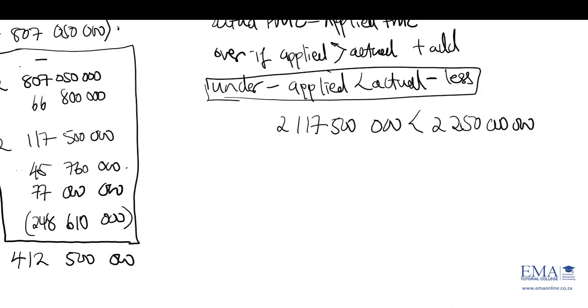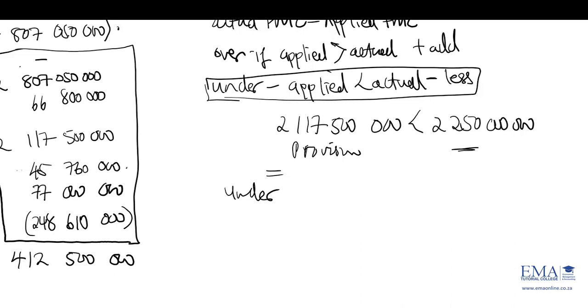So what we are basically saying is that we have made a provision, and our provision was less. The actual was more, right? So for us to get to the actual, we need to calculate the difference. It becomes the under applied.